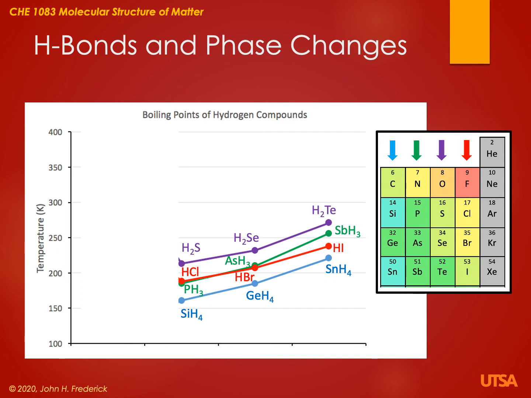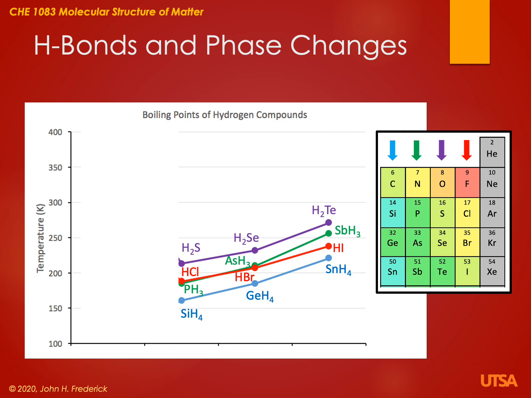So in the case of the carbon group, it would be like methane, silane, germane, and stannane. In the case of the nitrogen group, it would be ammonia and phosphorus hydride and arsenic hydride and so forth. And you can see that these boiling points all get larger as we go down these groups.